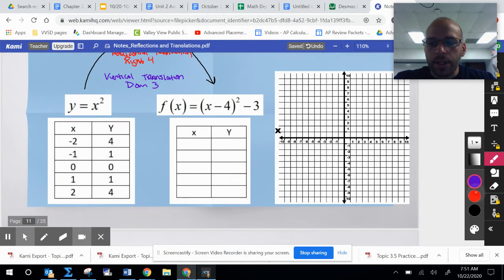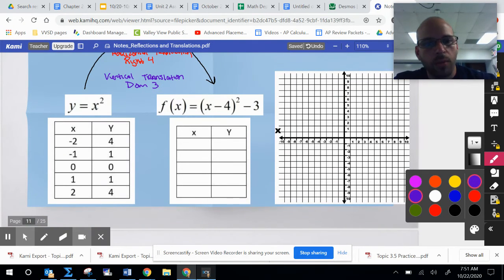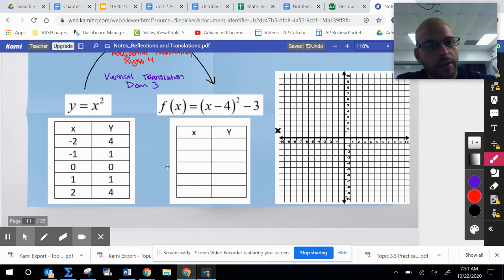So what's going to happen here is I am going to take all my x values and I want to go to the right 4. So I'm going to add 4 to each of these x values. Okay, so that would give me a 2, a 3, a 4, a 5, a 6.